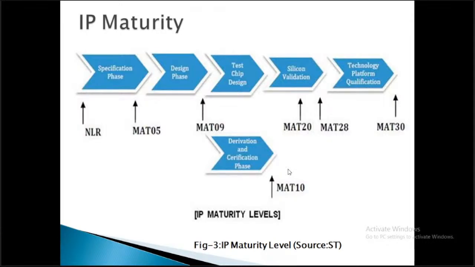There the specification comes first from the customer, what they want. Then some team defines what are the best technologies or best blocks that we can use for achieving this specification. Up to that there is maturity 7. Then we go for the design phase. After the design phase we go for the layout, which is up to maturity 9.